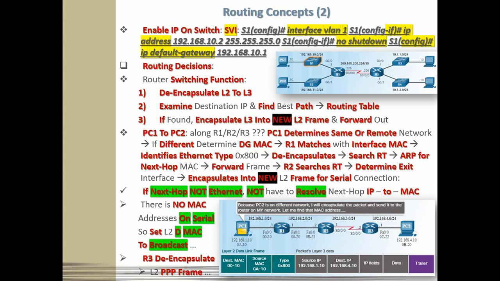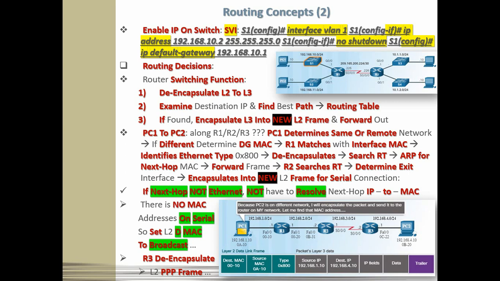It is important to know that routers are able to encapsulate as well as de-encapsulate packets. The router switching function can be summarized in 3 different steps. When a router receives a packet from one network and that packet is destined for another network, the router performs these 3 steps.